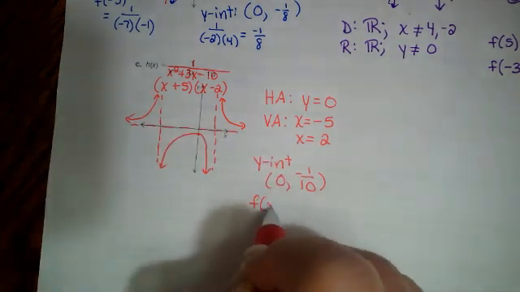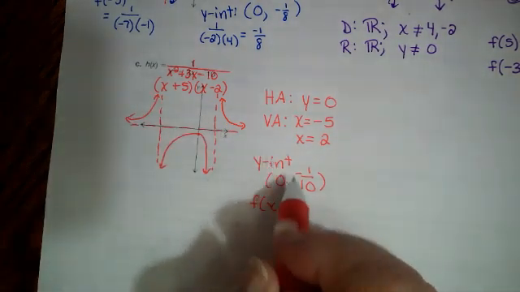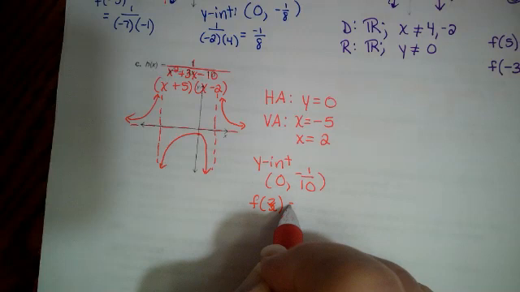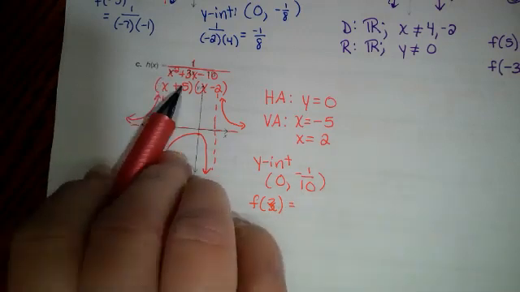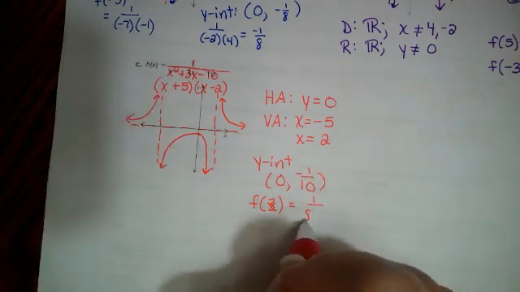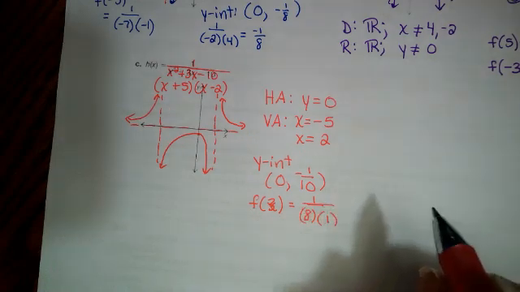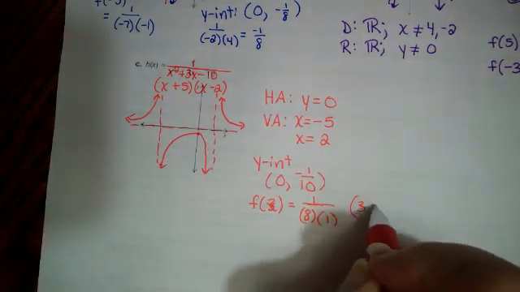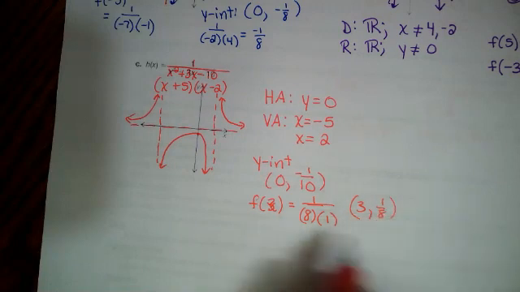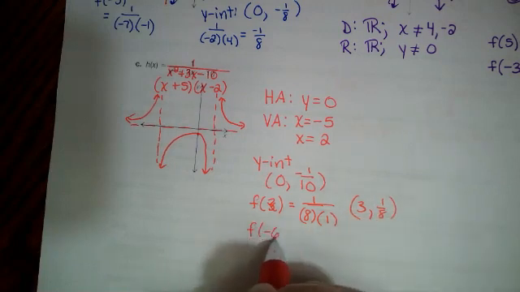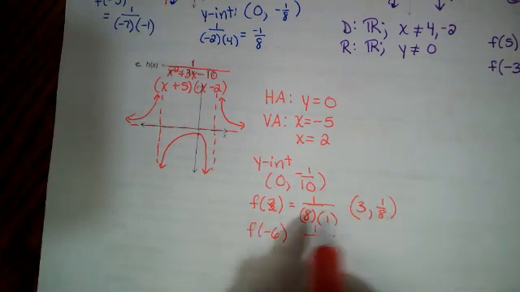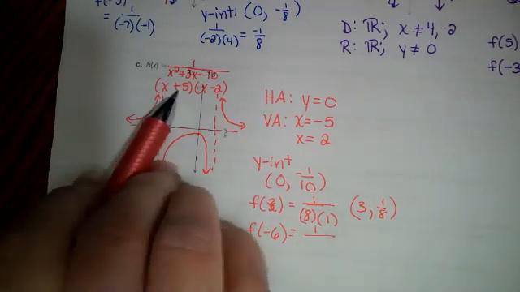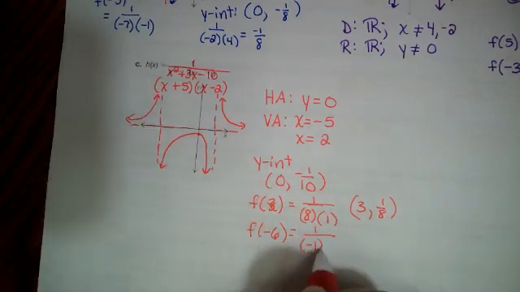So if I test f of 3, put a 3 in here. 3 plus 5 is 8. 3 minus 2 is 1. So I get a positive 1/8 at 3. And now let's try f of negative 6. Negative 6 plus 5 is negative 1.